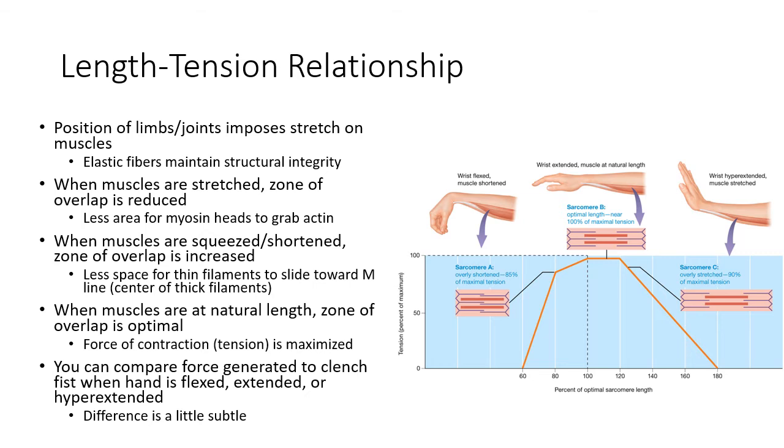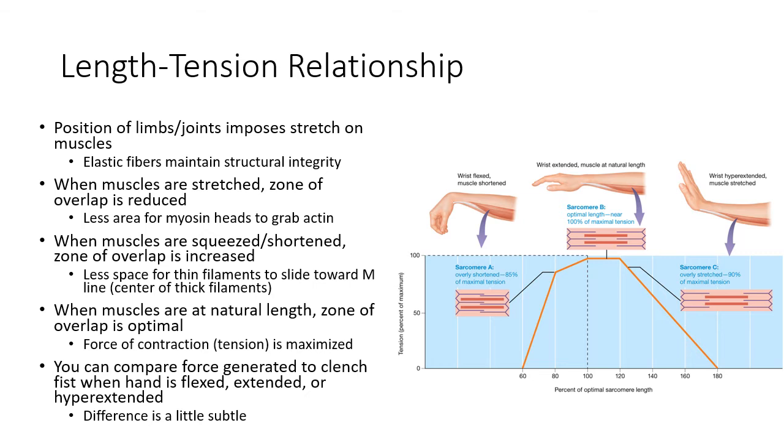There's a relationship between the length of your muscles and the amount of tension that they can produce, or the amount of force that they can produce. You want to have optimal overlap between the thick and thin filaments when you start the contraction to get the maximum amount of force.